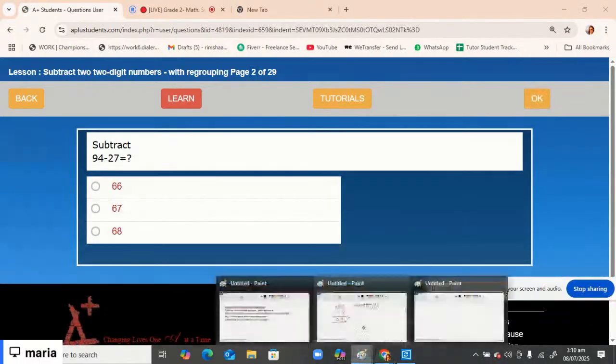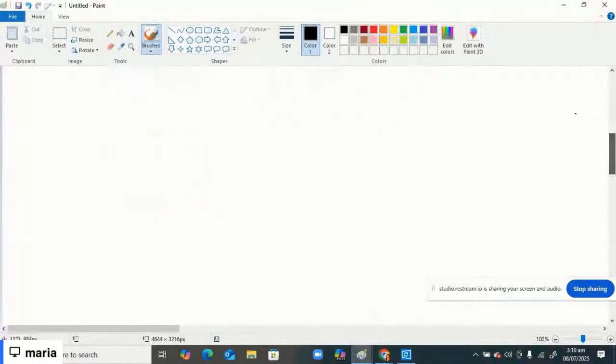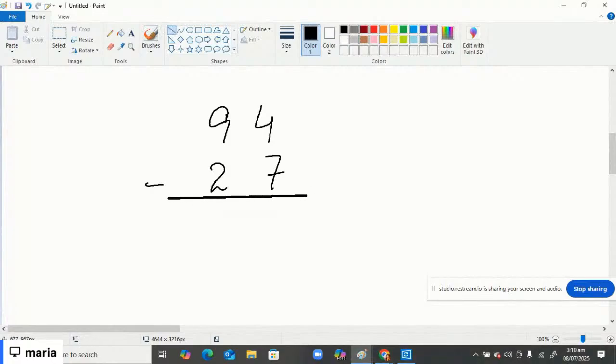94 minus 27. So is 4 minus 7 possible? No. So what we do, we take from the 9.